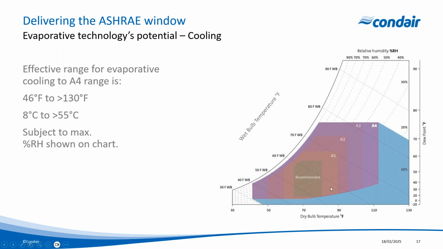So if you have a condition here that's already potentially within the recommended or A1, A2, A3, A4 class range, you can simply bring in outside air and use that to cool the data center.